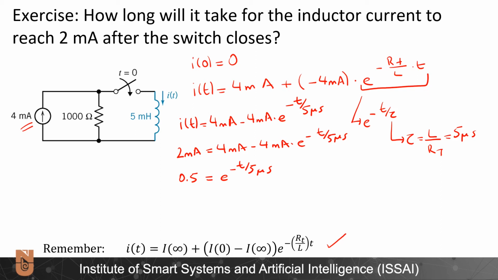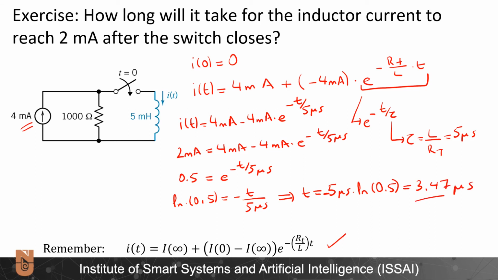If I take the logarithm of both sides, I have ln 0.5 is equal to minus t over 5 microseconds. From here, I find t is equal to minus 5 microseconds times ln 0.5, and accordingly this is 3.47 microseconds. Namely, after the switch closes, in just 3.47 microseconds the current will reach 2 milliamperes.